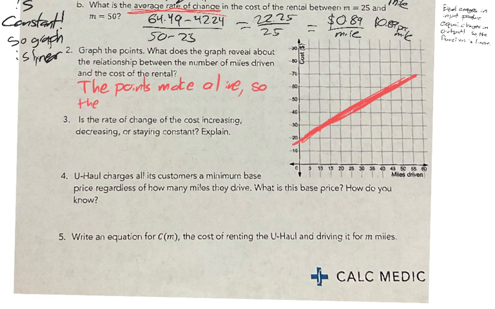So the cost per mile, the y over the x, right? Cost per mile, slope, so let's put slope in parentheses, is constant.